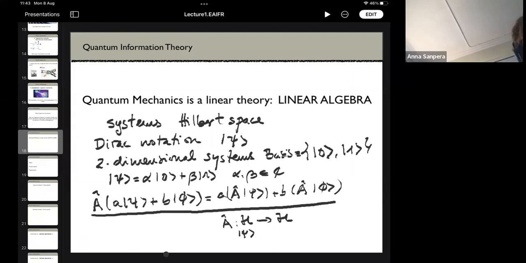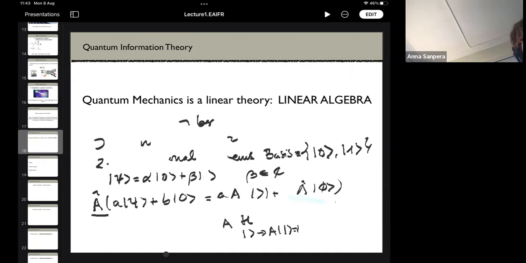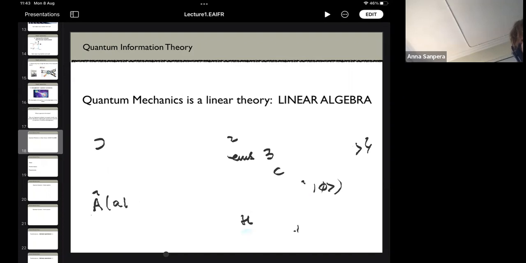So given a state, it's a map, so it's a matrix, and we apply this matrix over my vector and it gives me another vector. Okay, so far so good. This is what we have always heard. So let me delete all these things so that I can go to the next, because I wanted to do it slowly so that we can see it.